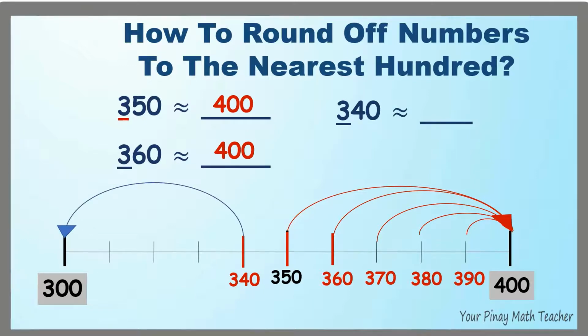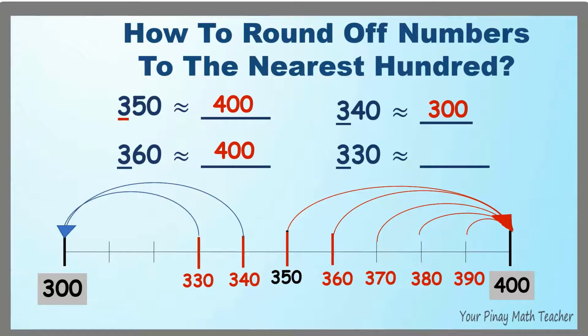Yes, it is already rounded off to 300 because it is nearer to 300 than 400. How about 330? It is still rounded off to 300. And so with 320 and 310. They are rounded off to 300.